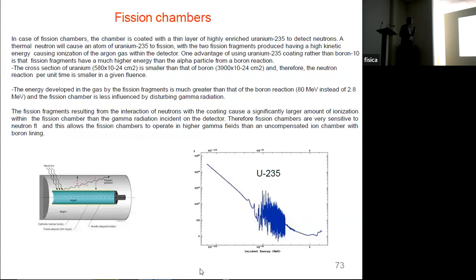This reaction is similar to the reaction that actually happens in the nuclear reactor core. A typical fission reaction: we have a fissile isotope, for example, uranium-235, and in order to detect a neutron, you have to construct the detector.